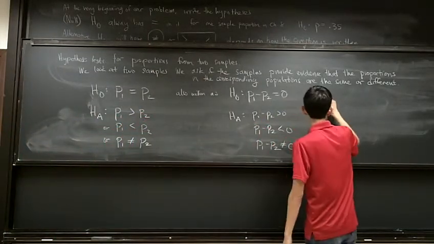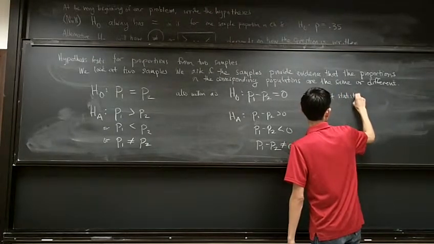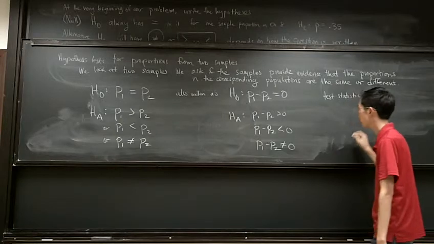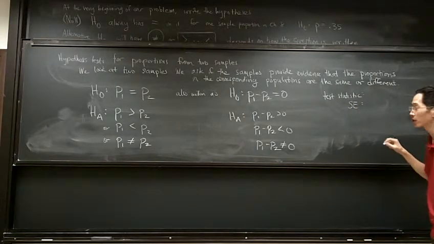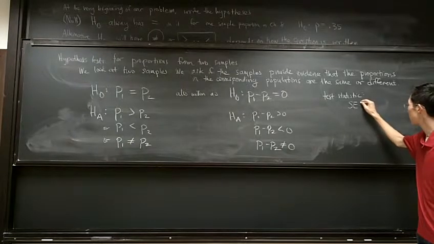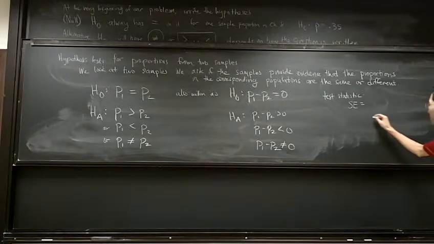We calculate our test statistic. This involves finding the standard error and the z-score. The standard error is going to be an ugly number, and there's nothing we can do about it. It's an ugly formula.